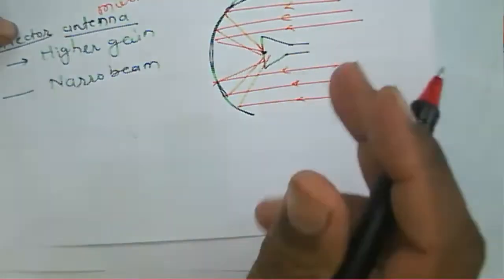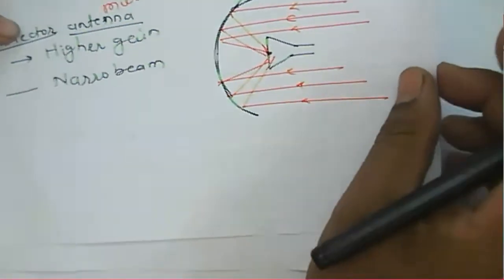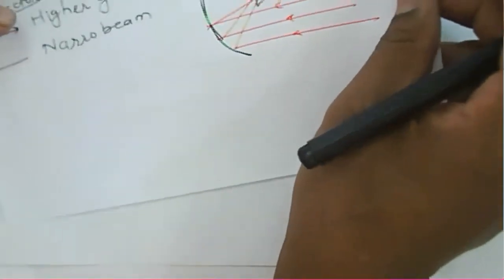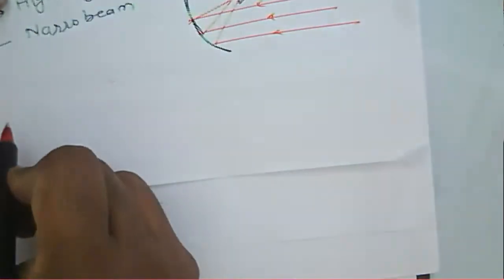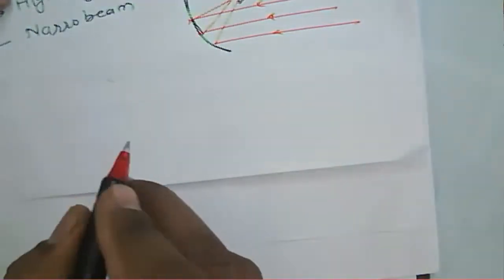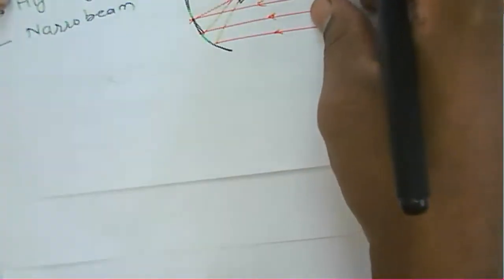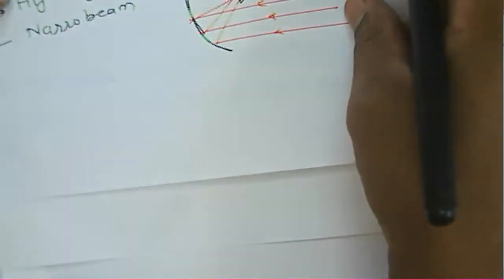So narrow beam or higher gain will give rise to a single beam, spot beam, or multi beam. In the parabolic reflector, we say that it produces a plane wave, and we get the plane wave output.